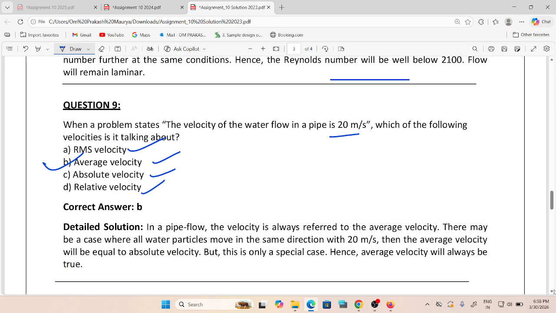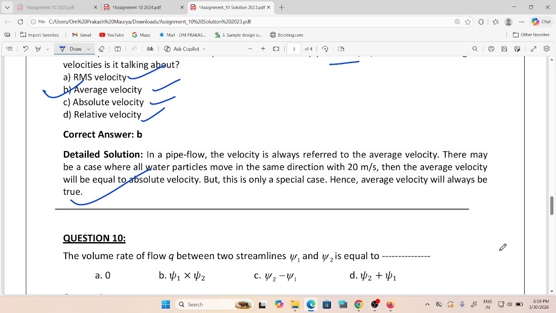Here we can read the explanation: in a pipe flow, the velocity is always referred to as average velocity. There may be a case where the water particles move in the same direction at 20 meter per second, then the average velocity will equal the absolute velocity. But this is only a special case, hence average velocity will always be true.